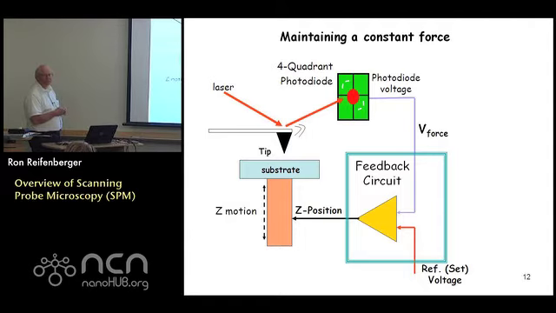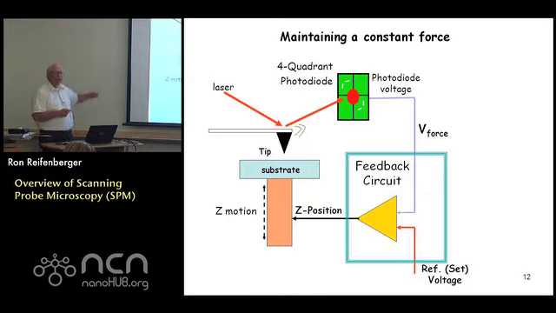If I keep a constant force between the tip and the substrate, think back to that force curve, that means that the separation between the tip and the substrate is also fixed. So this feedback circuit, when properly designed, keeps this substrate-tip distance fixed as the substrate is moved underneath the tip, as the substrate is rastered beneath the tip.